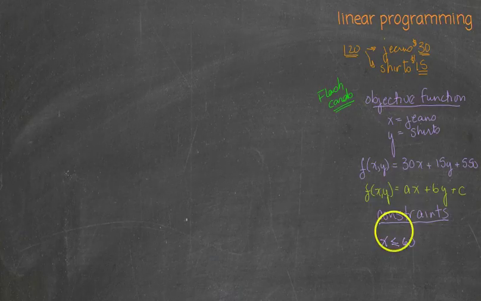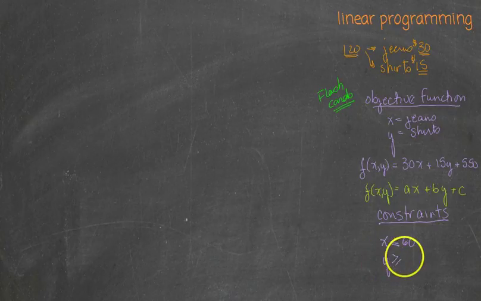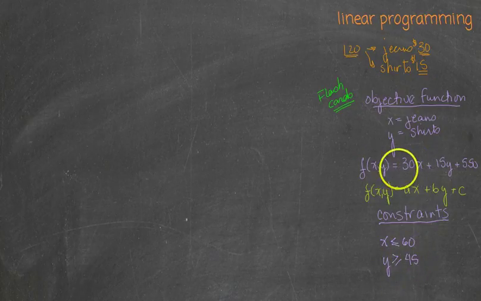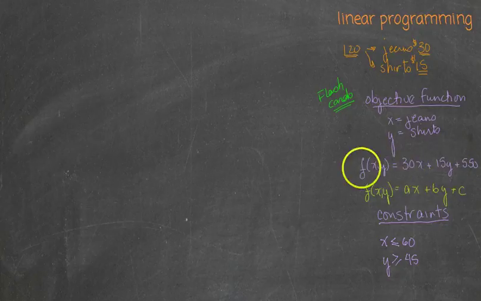Okay, and I might have a y constraint that I'm required to purchase at least 4 shirts. So y would have to be greater than 15 times 4, 45. So I might have a list of constraints that I'm going to use to find out the best purchase or the best value in my objective function.